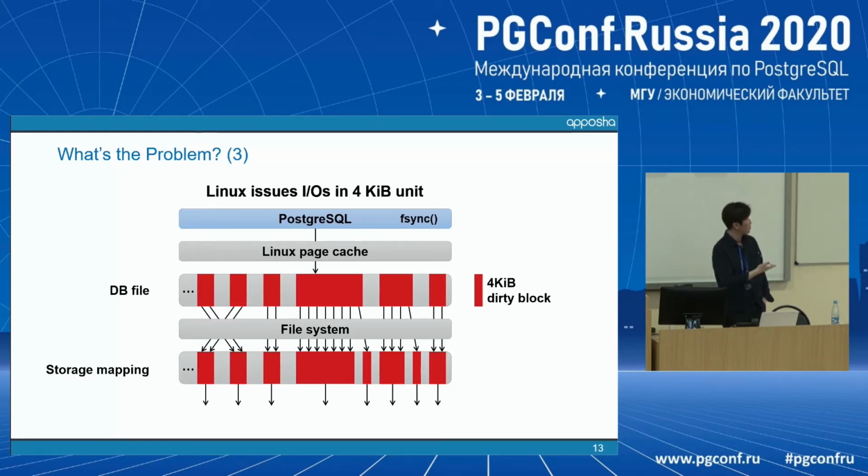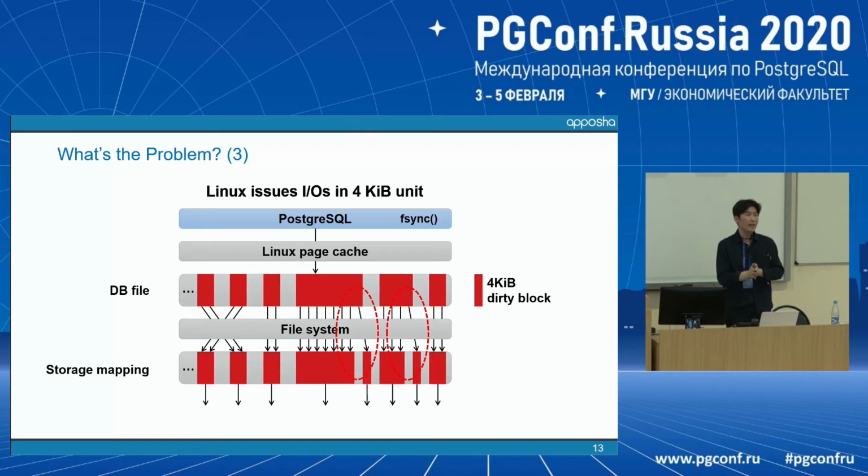So it will look like this. But the one problem is that even though PostgreSQL issues writes in one big chunk of 8 kilobytes, the file system can allocate in 4 kilobyte units.